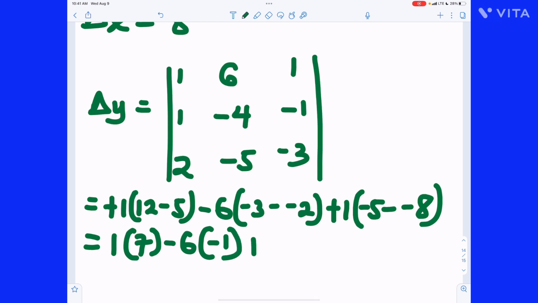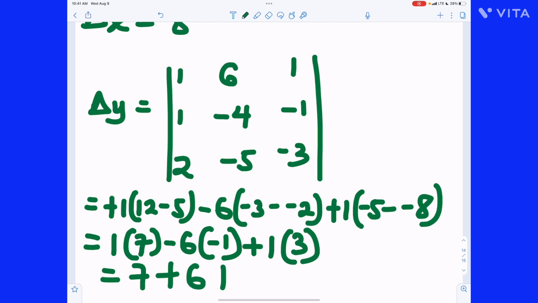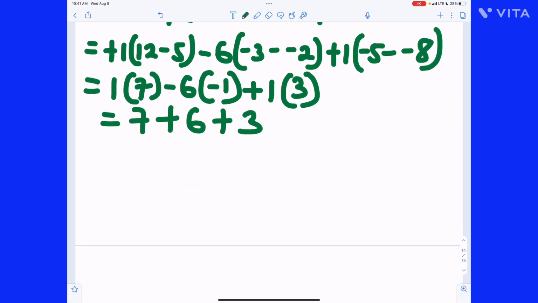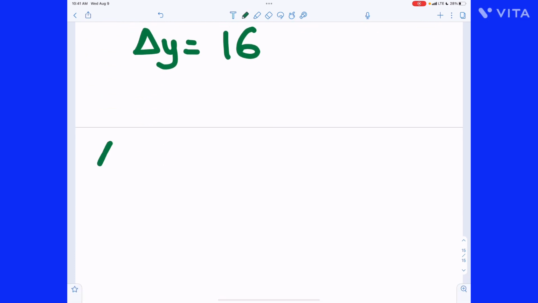Then plus 1 times minus 5 plus 8. Minus times minus is plus. Minus 5 plus 8 is 3. So that's equal to 7 plus 6 plus 3. That's 7 plus 9. So delta y is 16.